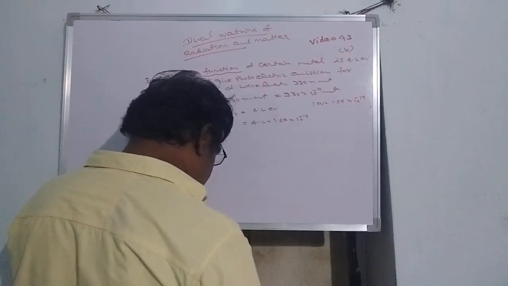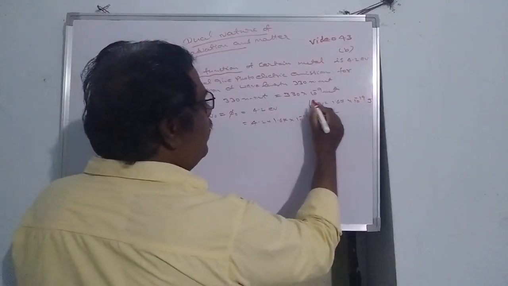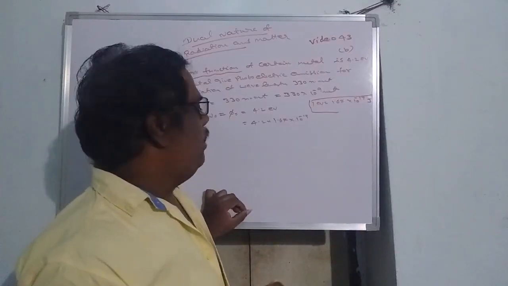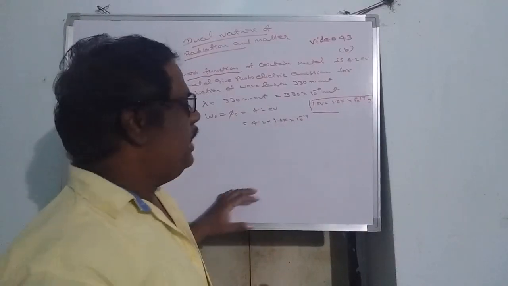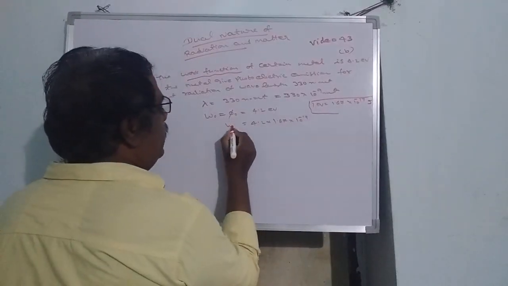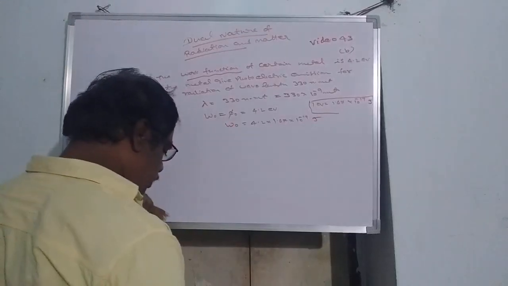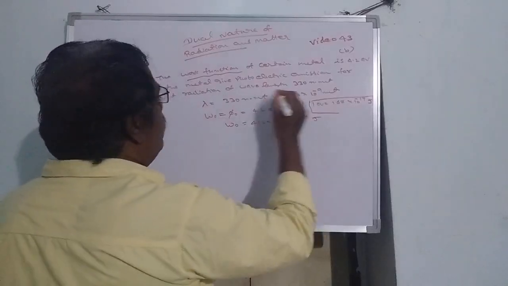This is the value of the electron volt conversion. Here in our problem 4.2 electron volts are given. So therefore 4.2 into 1.6 into 10 power minus 19 joules. That is the work function W naught.